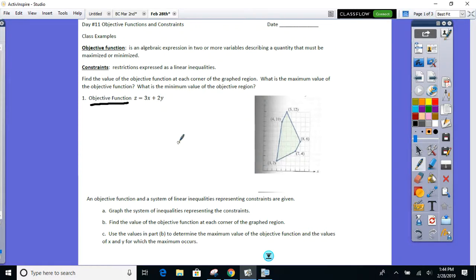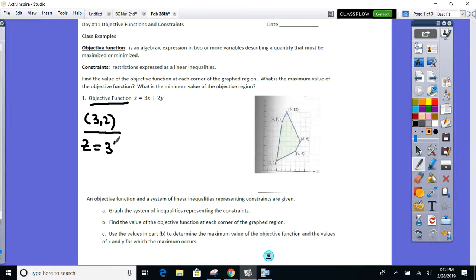So go ahead. Somebody lift a point off there for me. What do you got? 3, 2, everybody. So I'm going to take 3, 2 and plug it into the objective function. What coordinate's the 3?